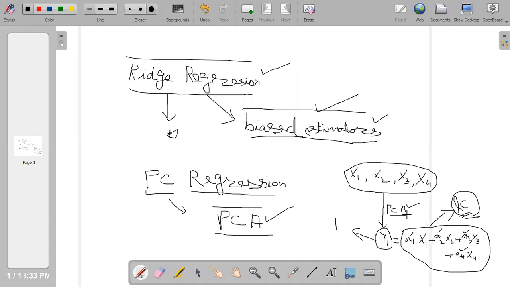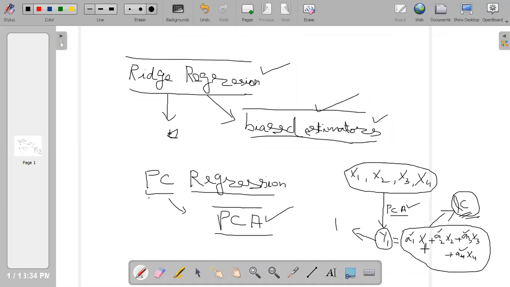So the technique of PCA says, apply this technique so that you combine them into one new variable, denoted by, suppose, y1. And how is y1 defined?